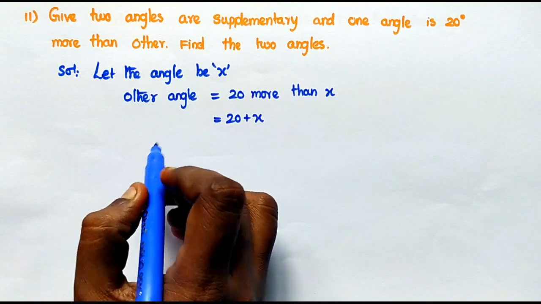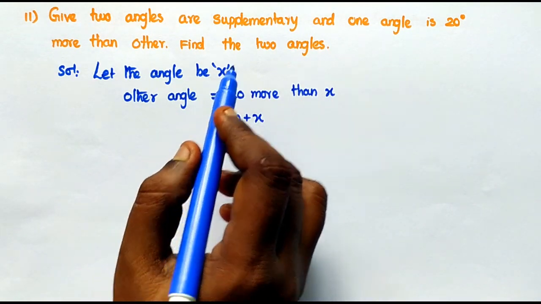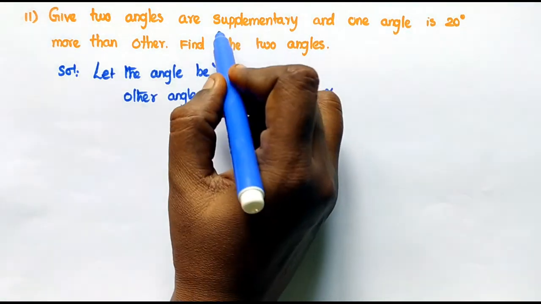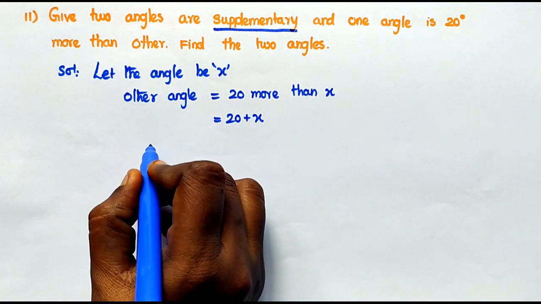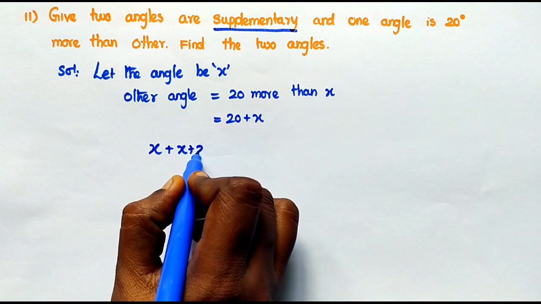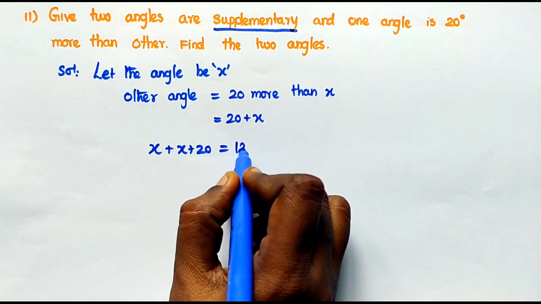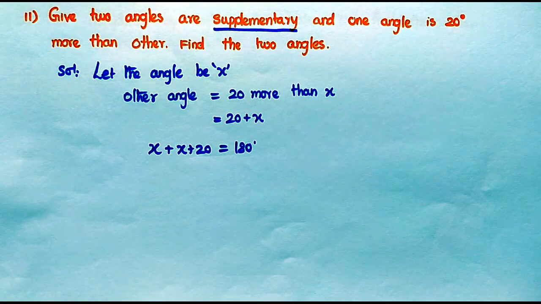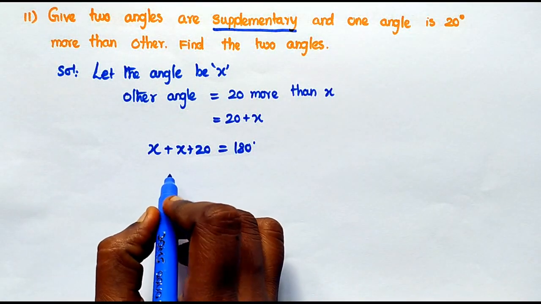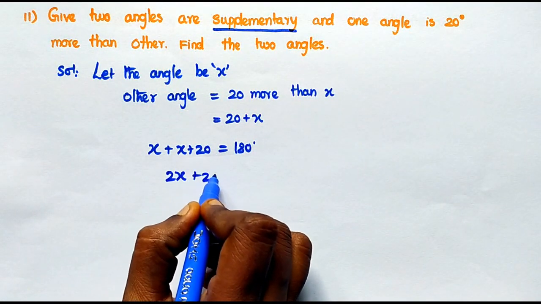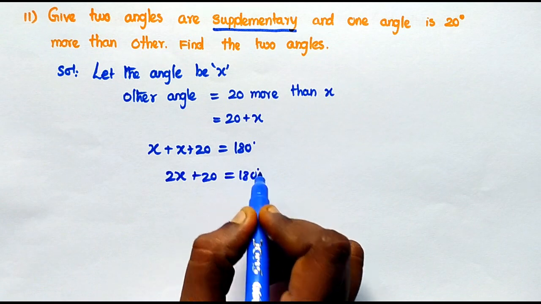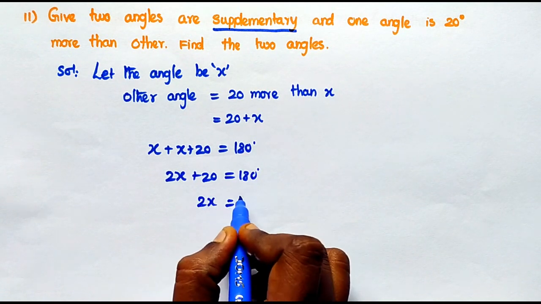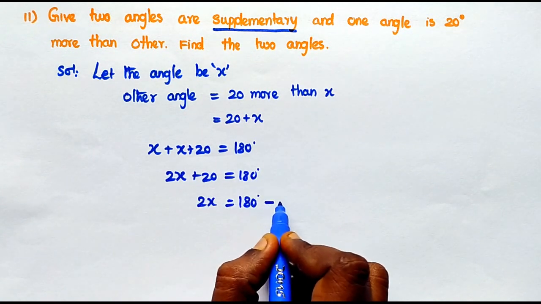Now add these two angles, we get 180 because they given supplementary. So x plus x plus 20 equal to 180. So 2x plus 20 equal to 180. 2x equal to 180 minus 20 degrees.